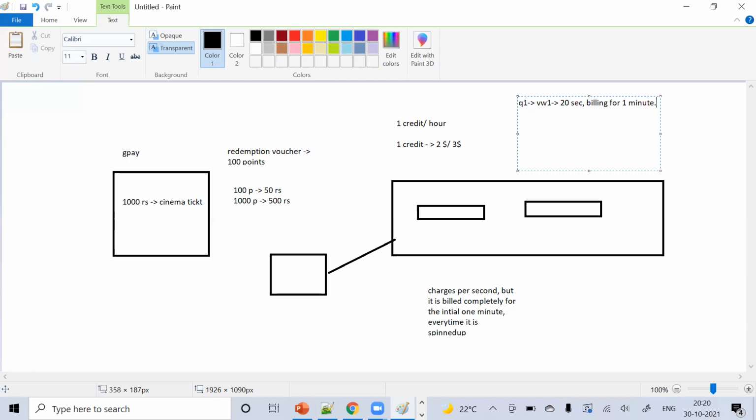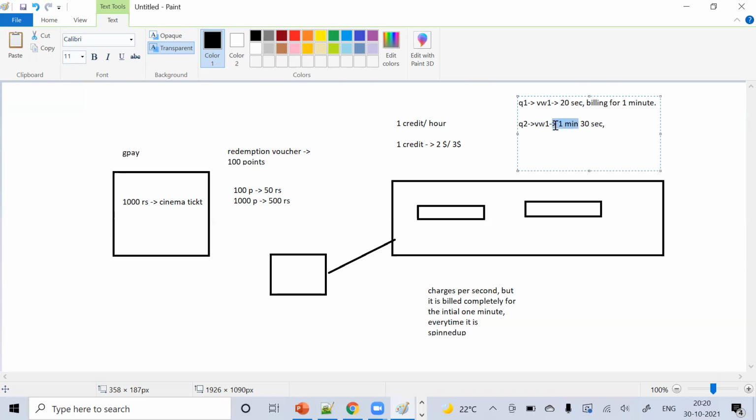Okay. After this, post this, it will be per second. So for example, another query we submit, Q2, to the same virtual warehouse. Okay. And it takes 1 minute, say 30 seconds.